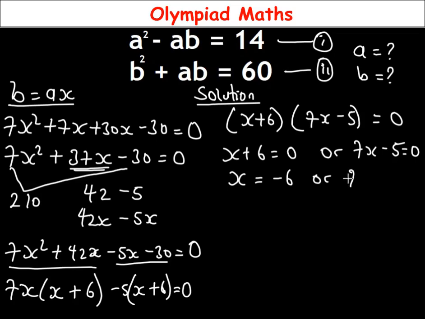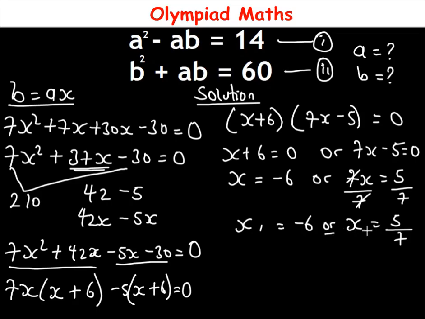Now, from here, 7x is then equal to 5. To solve for x, divide by 7, 7 cancels 7. You have x is equal to 5 over 7. So the value of x1 is equal to minus 6, or the value of x2 is equal to 5 over 7.